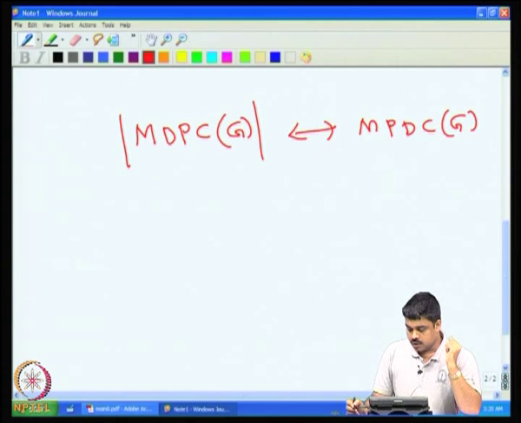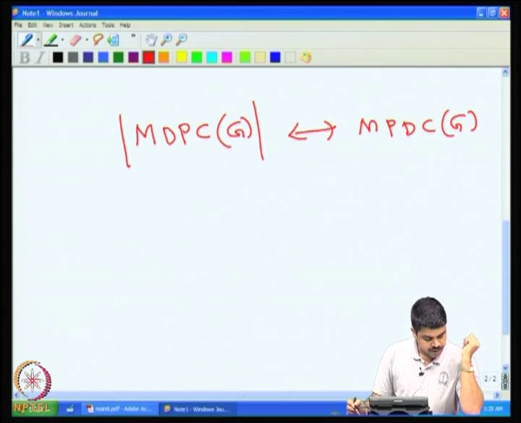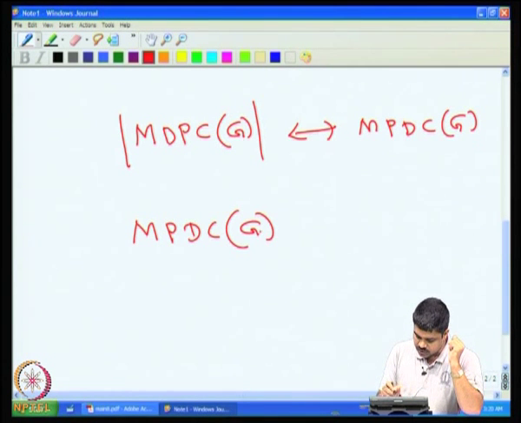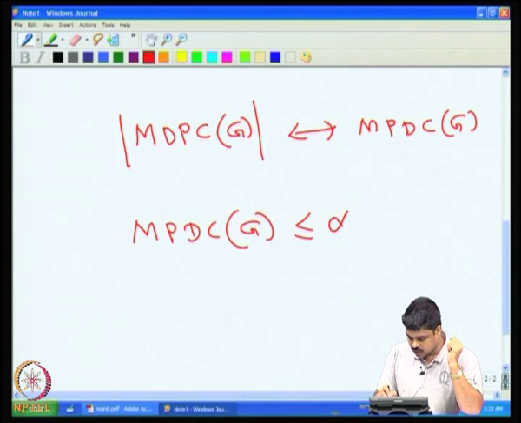Now to find out the minimum path cover, this is the question. This parameter is always upper bounded: MDPC of G is at most alpha of G, is what we are going to prove.